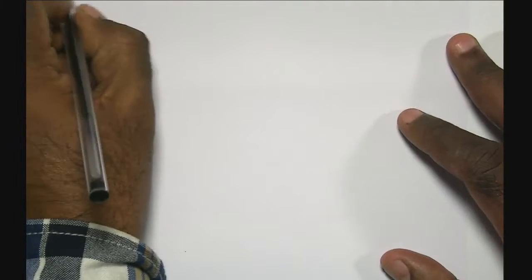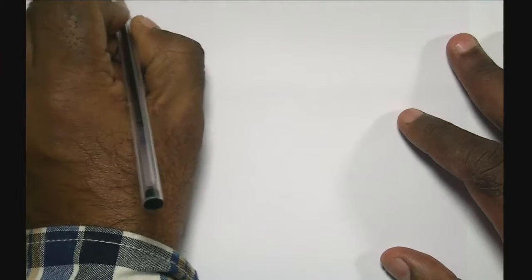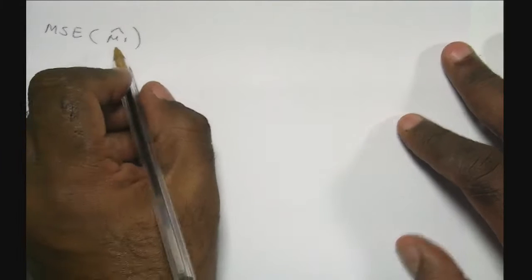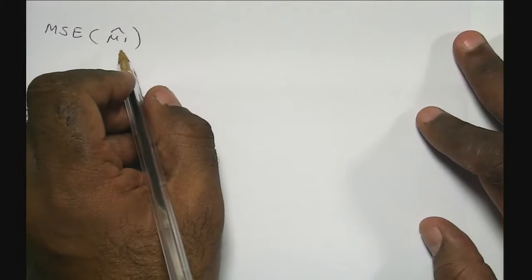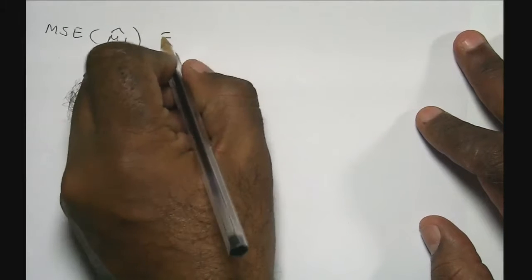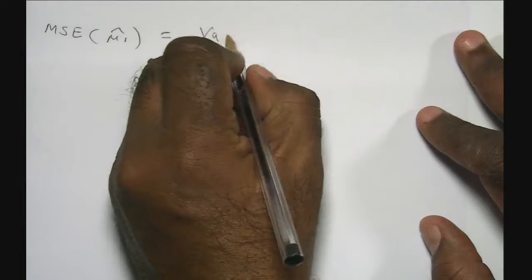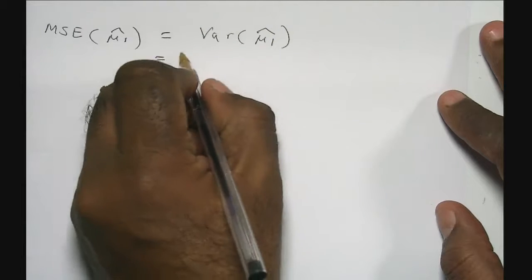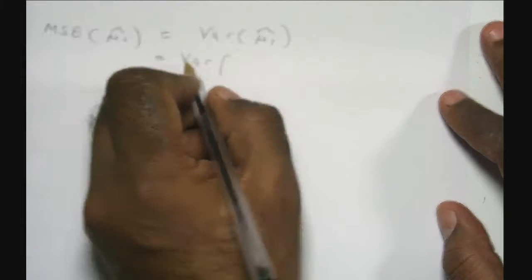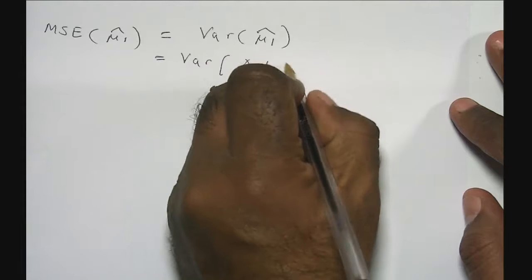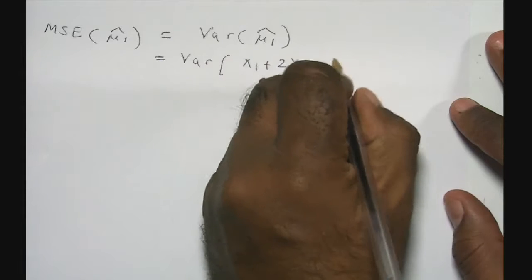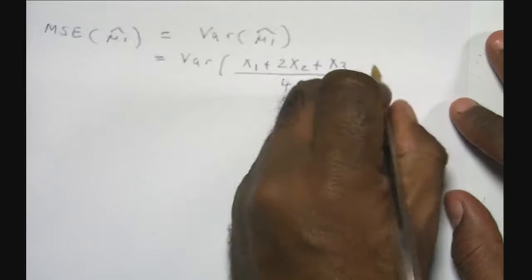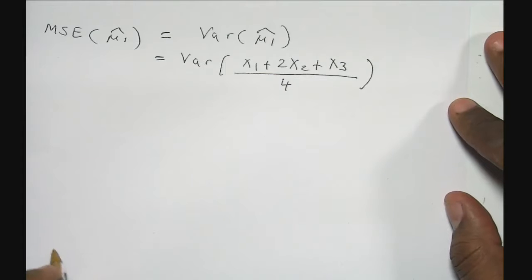To find the MSE of mu1 hat, remember, because mu1 hat has bias equal to 0, this is equal to its variance.